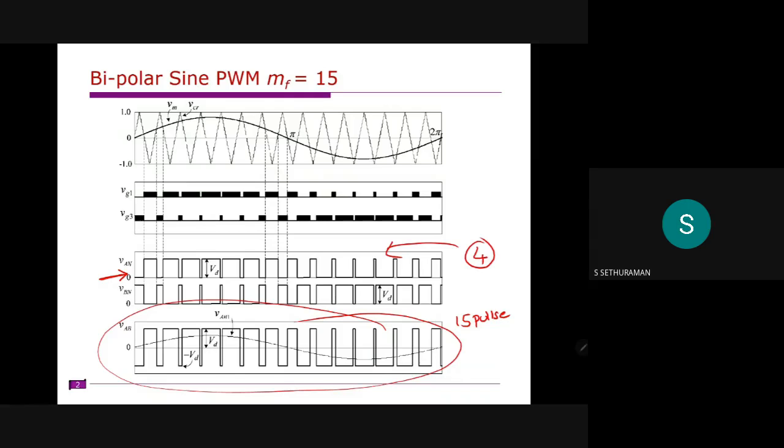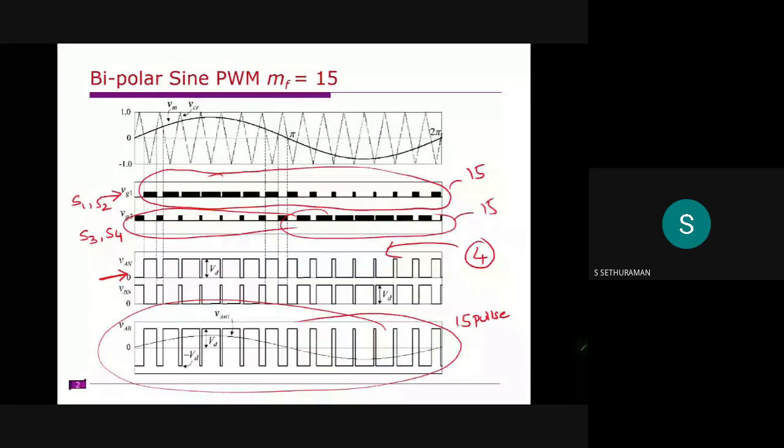These are the gate pulses. This is corresponding to S1, S2, and this is corresponding to S3, S4 in case of bipolar. So each switch, if you count all these, is 15 times. Similarly, the bottom ones, if you count all these, is 15 times. So each switch is operating 15 times.